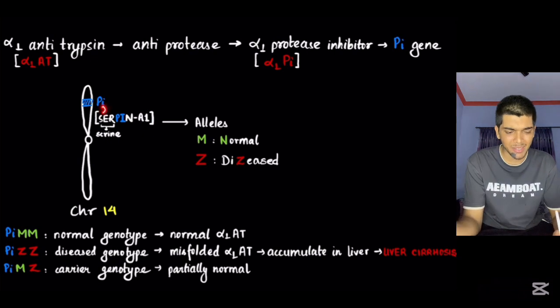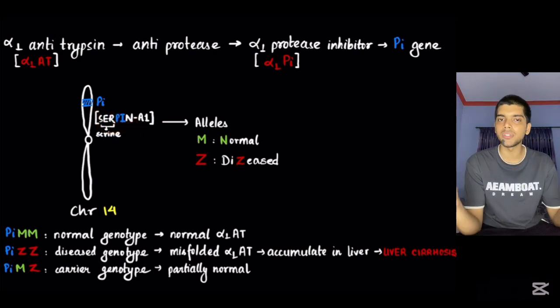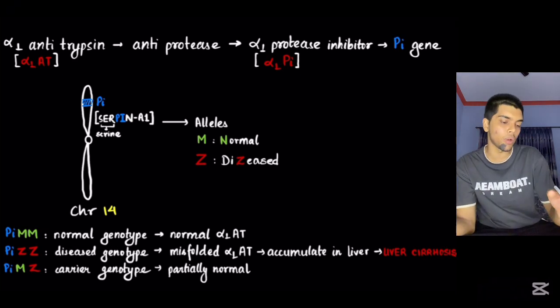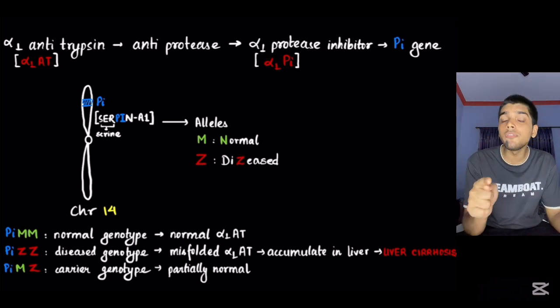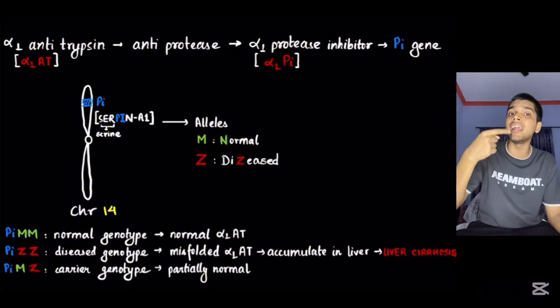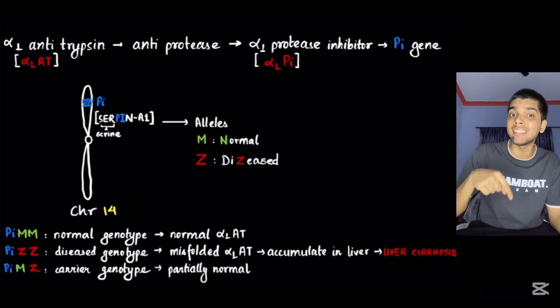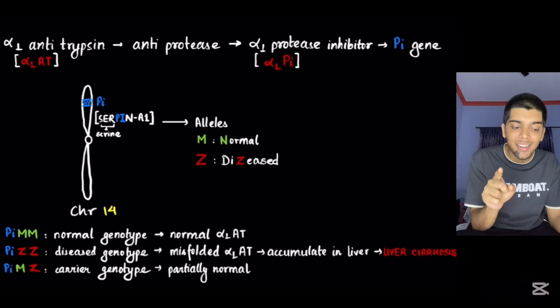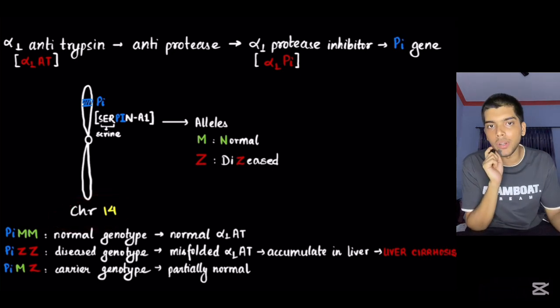Simple: SER stands for serine, P for protease, and IN for inhibitor, so serine protease inhibitor type A1. That's not important. What is important for you to know is that the gene responsible for the production of alpha-1 antitrypsin, or alpha-1 protease inhibitor, is present in chromosome number 14.